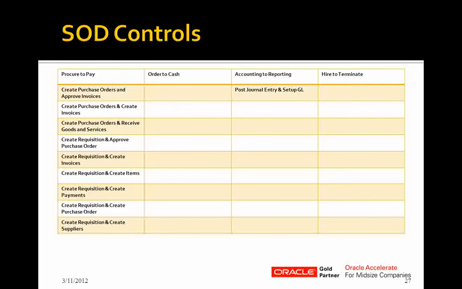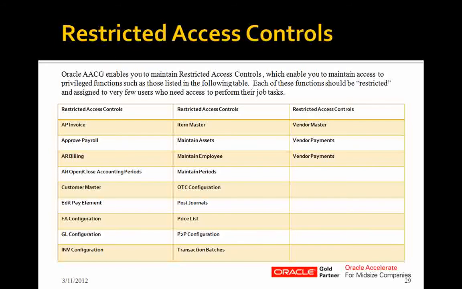All right. Then we also have restricted access controls, and again, these would be functions that are restricted and should be assigned to only a few users. So what you might want to do, and these are just suggestions, is look at everybody who has access to an AP invoice. How many people can approve a payroll?